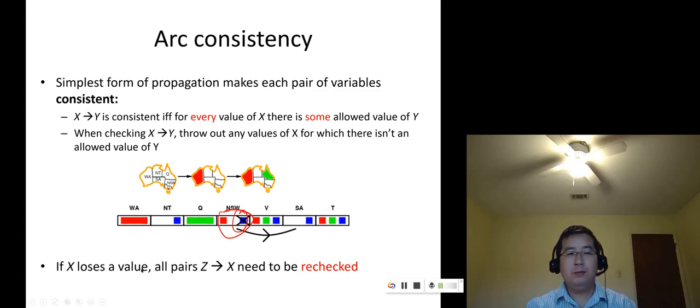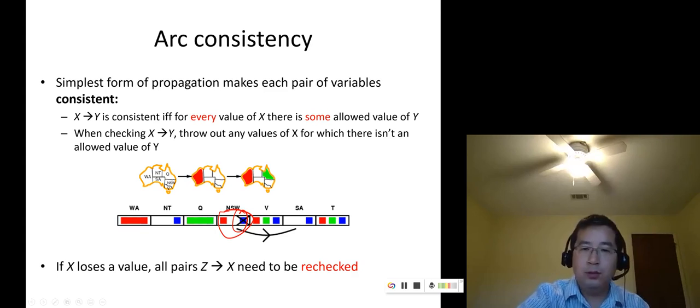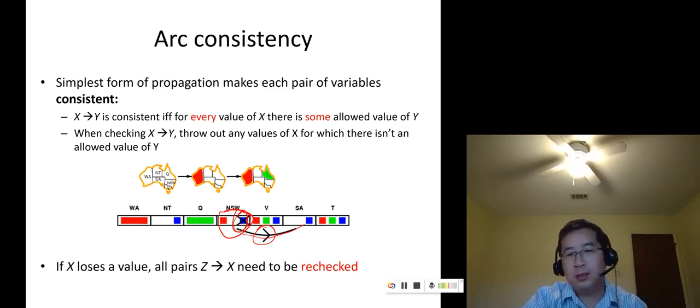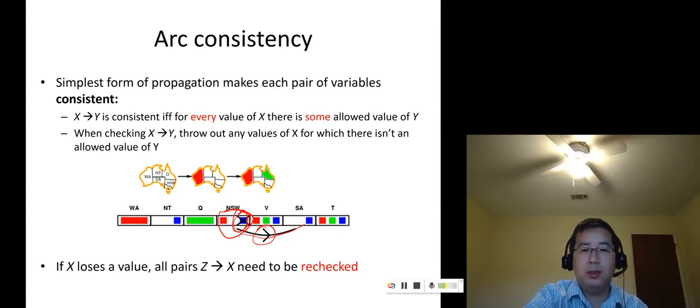And then if X loses a value, all pairs Z to X need to be rechecked. For example, when we perform this arc consistency check, we found this is not arc consistent. If we choose this one, the arc consistency is violated, so at the same time we delete this one.